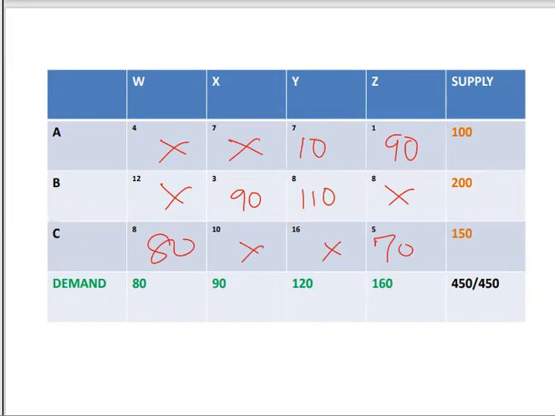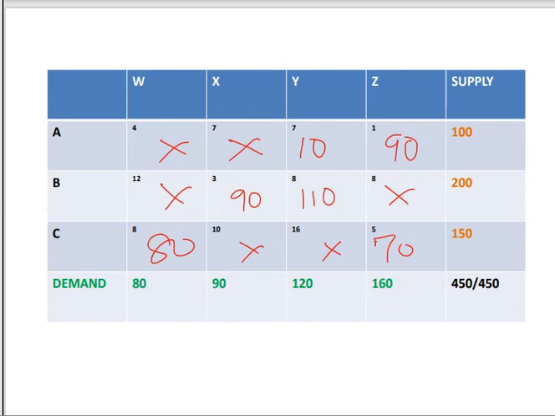Now, we started with the least cost. Yes, I understand least cost. So if you look at the least cost, you will see that for A, the only allocation under A is just AZ, 100. Under B, we didn't touch any allocation.